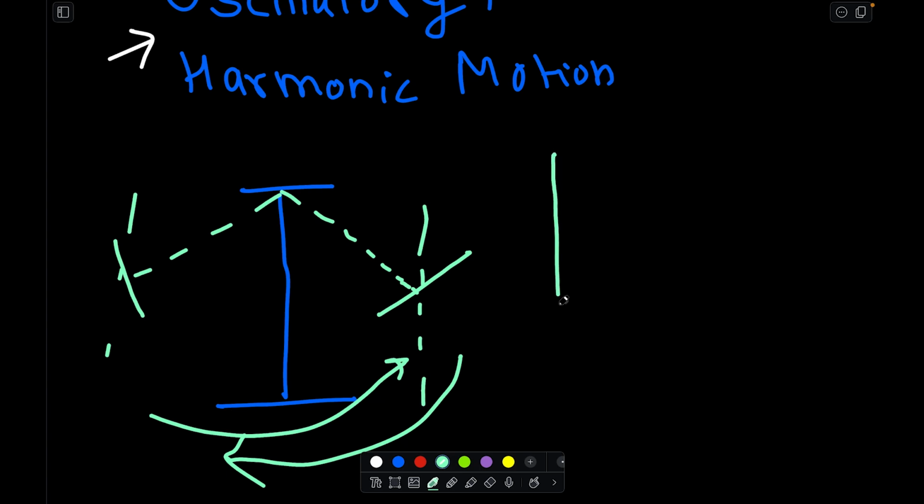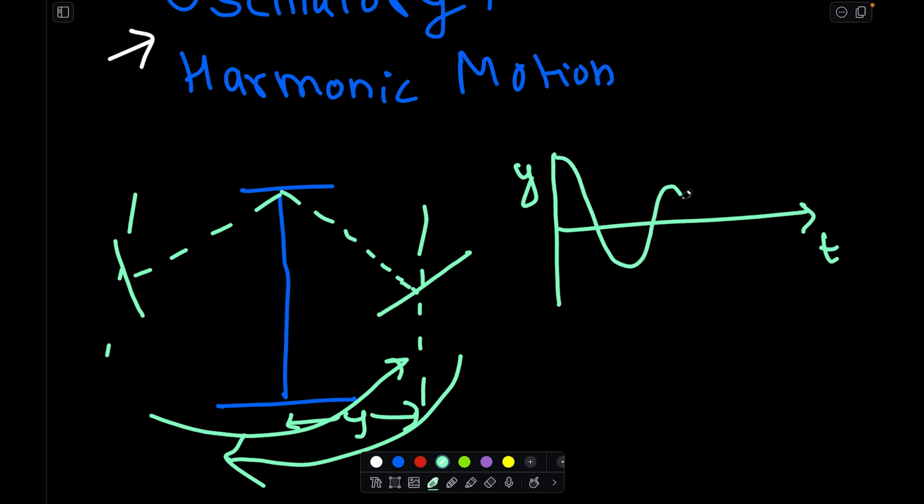If we plot it in the graph, let's say this is our y, then you'll see that the maximum displacement over a period of time will keep on decreasing for the swing, right? It will be like this. So this right here is not a simple harmonic motion.